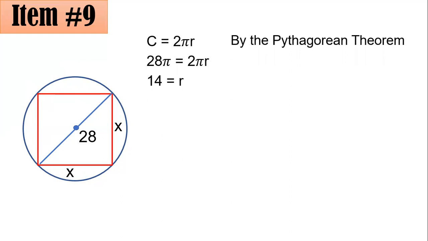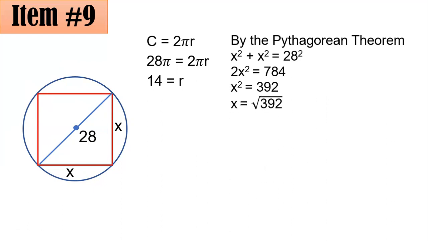So with such, we have x squared plus x squared equals 28 squared. So you have 2x squared equals 784, which is the square of 28. Dividing both sides by 2, you have x squared equals 392.